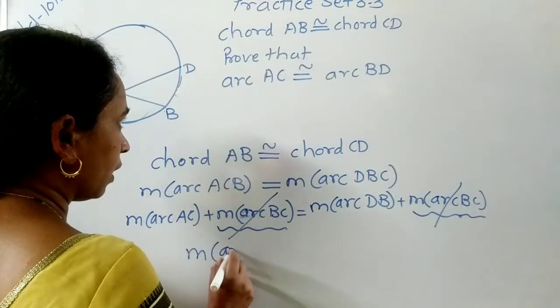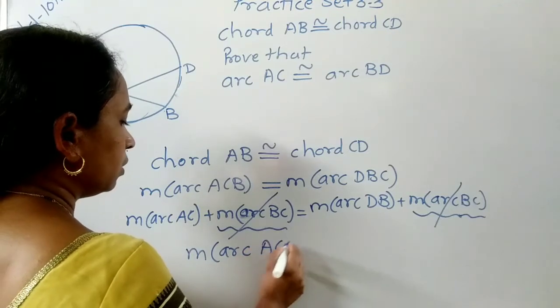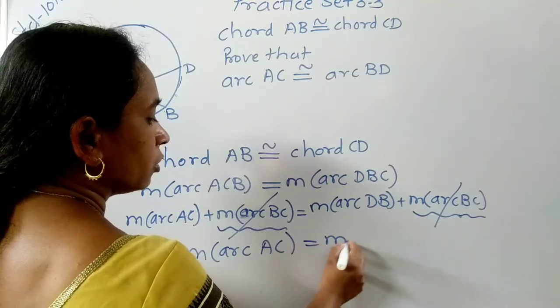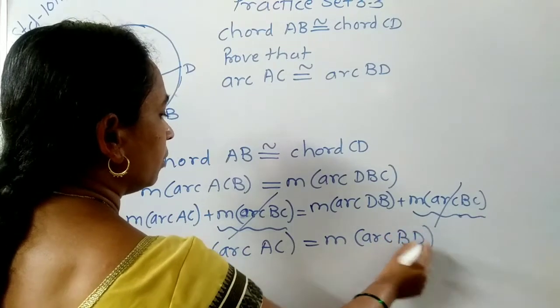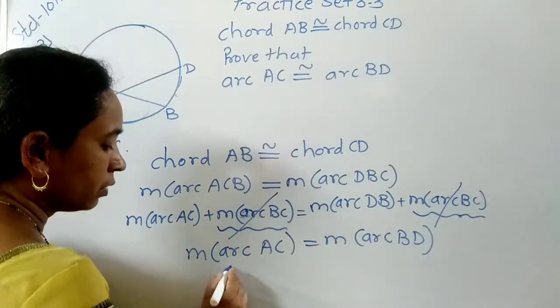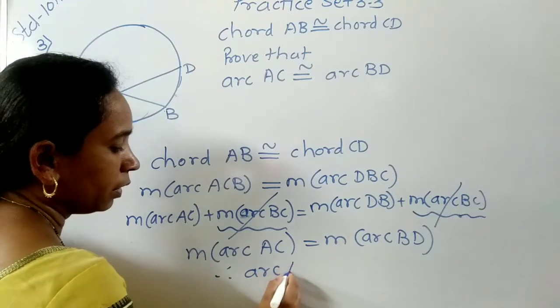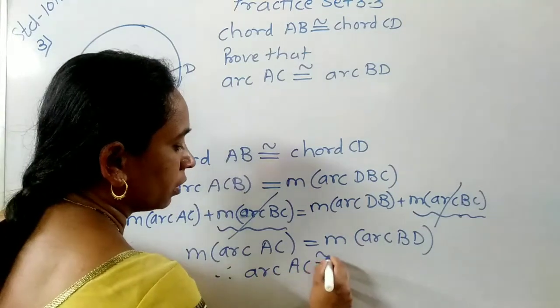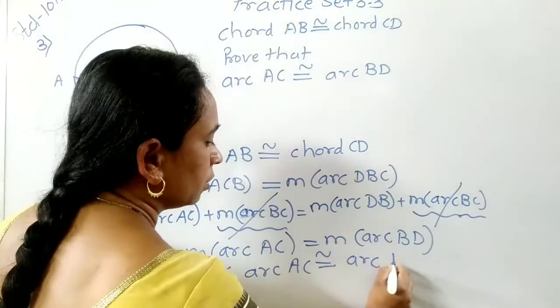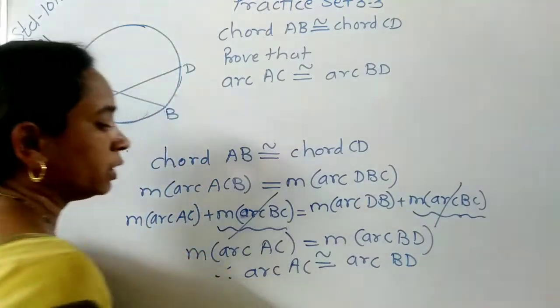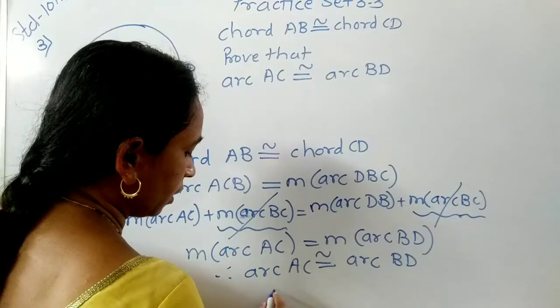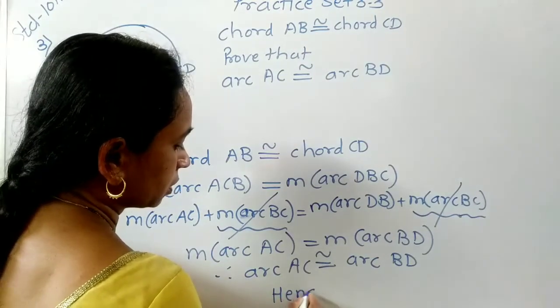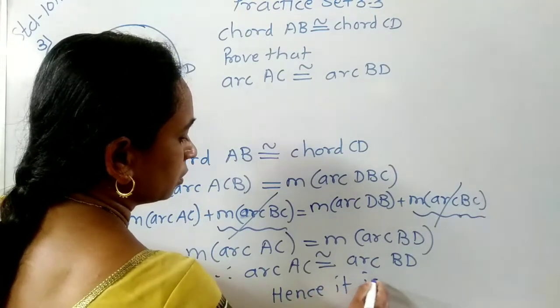Only measure of arc AC is equal to measure of arc BD will be left. DB is nothing but BD. Therefore, arc AC is congruent with arc BD. So in this way we have proved it. Arc AC is congruent with arc BD. So hence it is proved.